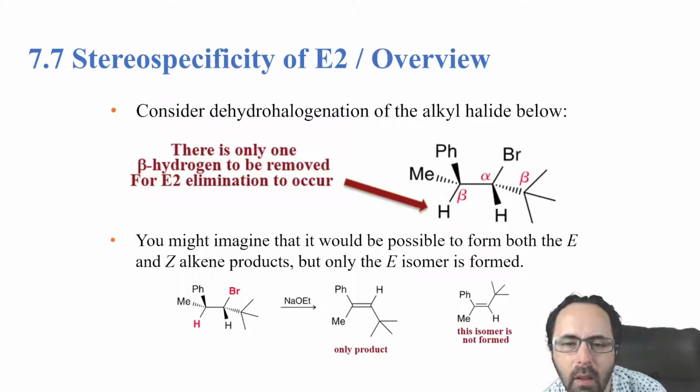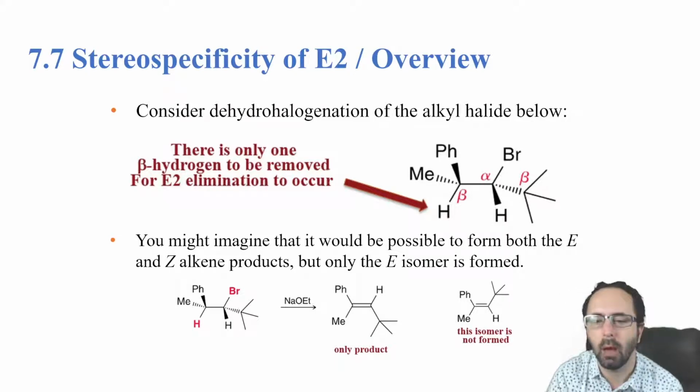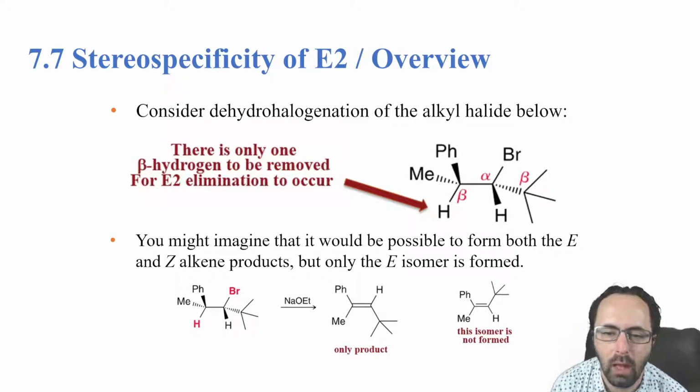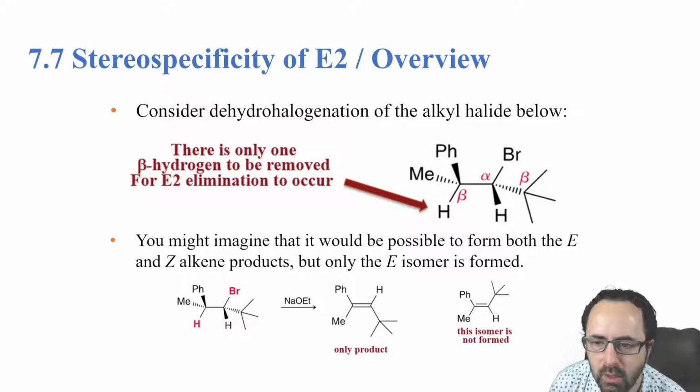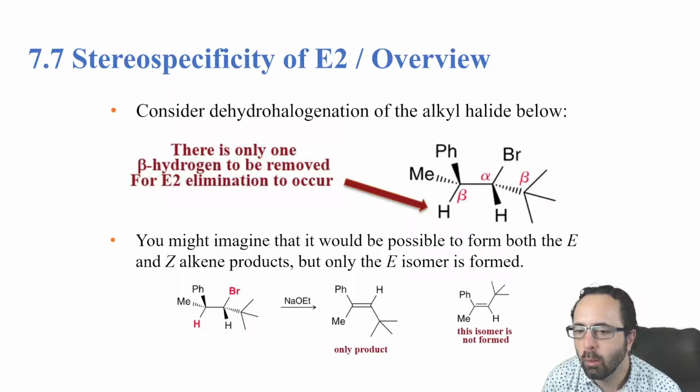This is because while the pi bond is being formed, remember what a pi bond is. A pi bond is formed from the sideways overlap of unhybridized p orbitals. On our substrate, when we start, there are no unhybridized p orbitals. Both of these carbons are sp3 hybridized with 4 bonded atoms and no lone pairs.